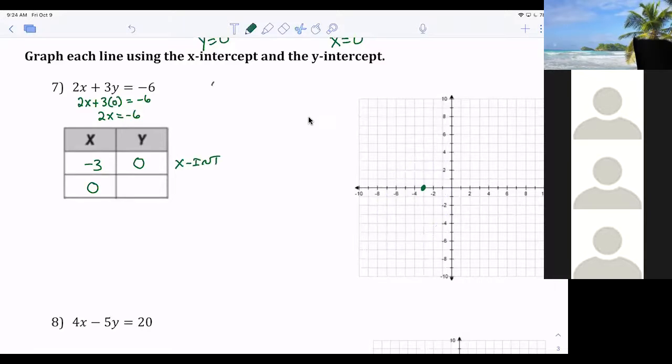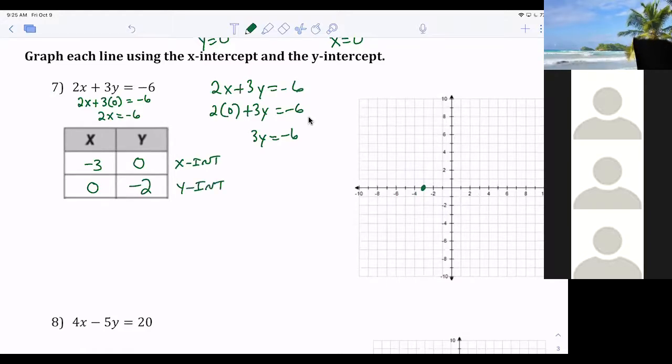So to find the y-intercept, what am I going to do? Plug in 0 for what? X. So here we go. 2 times 0 plus 3y equals -6. 3y equals -6. So y is equal to what? -2. That is the y-intercept. All right?